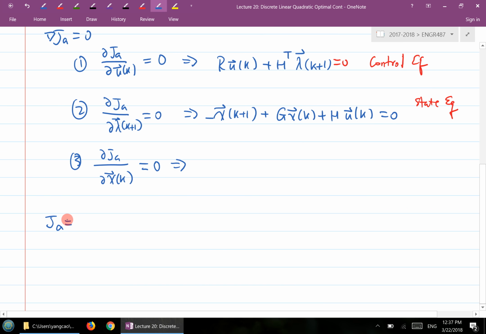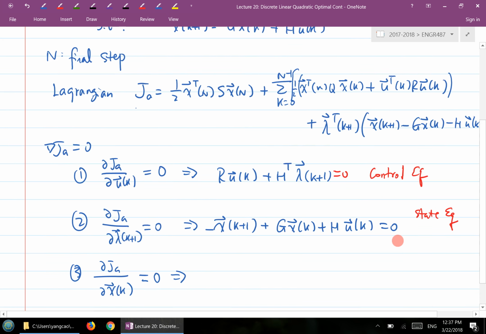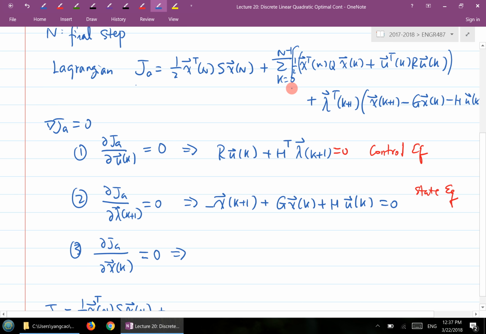The JA term, you have the first one, 1/2 x transpose, which is the final state, and then plus, I'm going to write this out now. Starting from k equal to 0, you substitute 0 here, here, here, and this is lambda of 1.